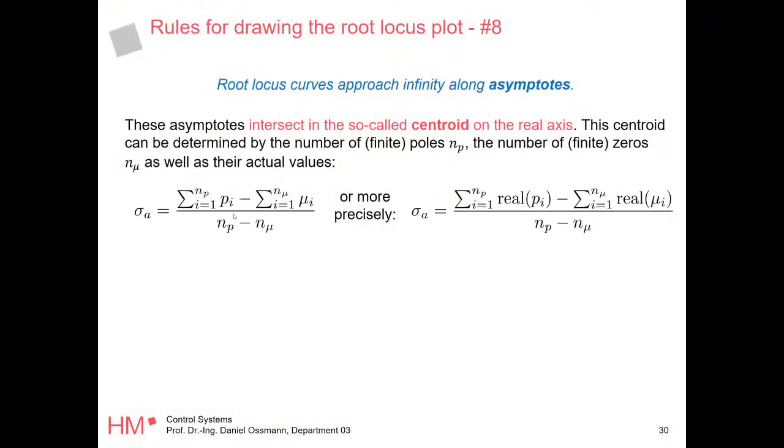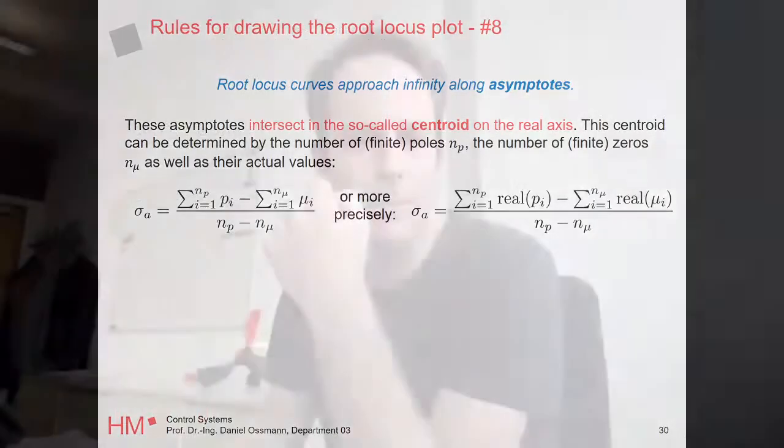You basically only need to take the poles and subtract all the zeros, right? So you're adding up all the poles and you subtract all the zeros and you divide by the difference in number of poles minus number of zeros. Actually, this equation gets a little bit simpler because if you add a conjugate complex pole pair, let's say you have -1 plus minus e, you add those together, it's going to be -2.